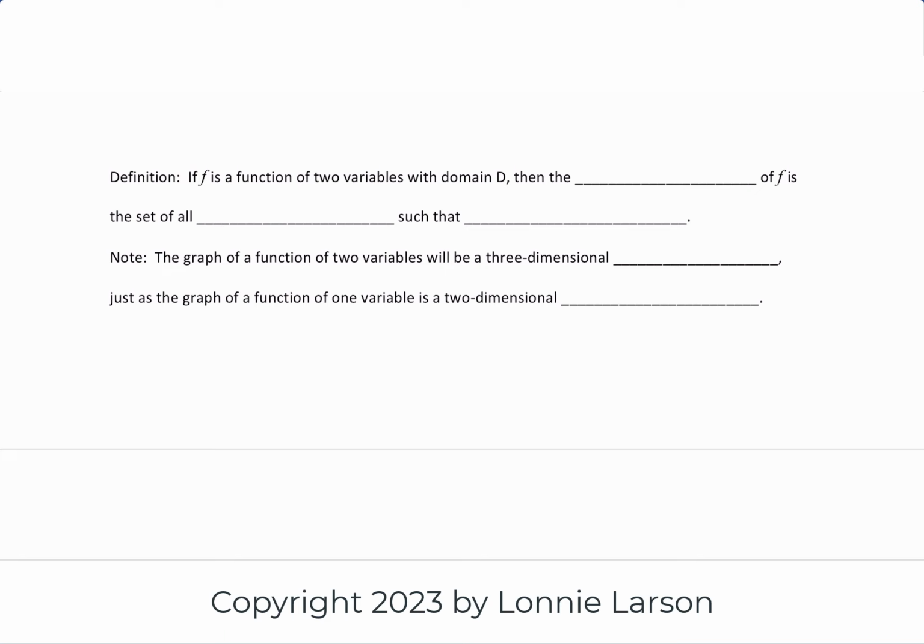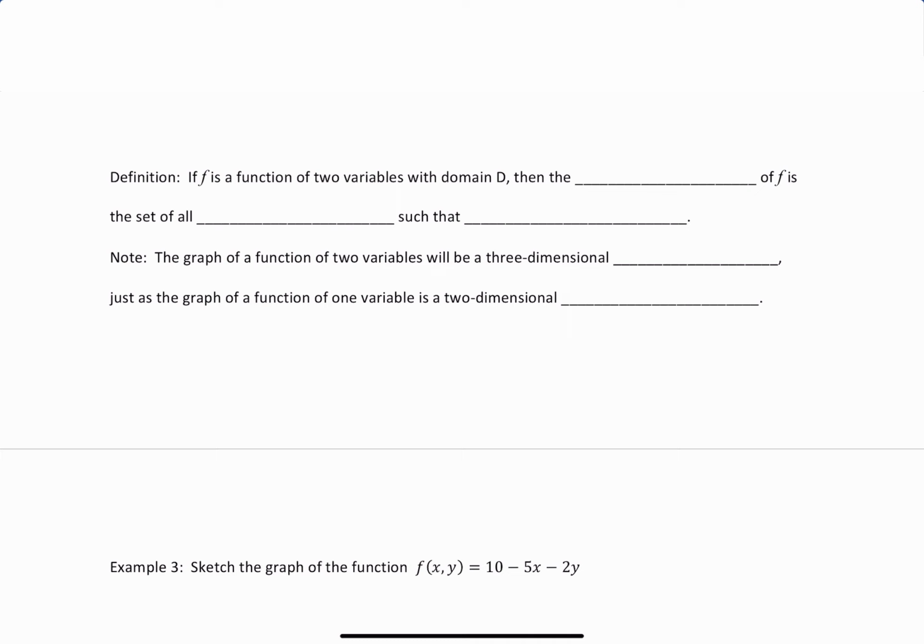We are ready now to start talking about the actual graphing of functions of two variables. First, a definition. If f is a function of two variables with domain D, then the graph of f is the set of all xyz ordered triples such that z equals f of xy.